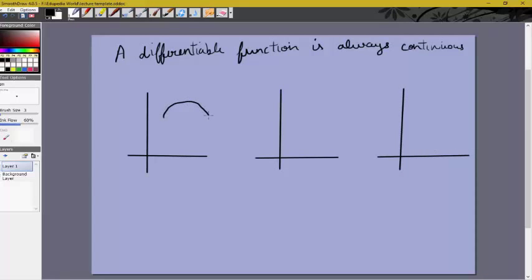This is a function which is continuous and differentiable, right? At this point, if you look at it, both the limits for the derivative approach 0. So this is continuous and differentiable. On the other hand, this function is continuous, but it is not differentiable. So it is not necessary for a continuous function to be differentiable, but a differentiable function necessarily has to be continuous. Let's take a discontinuous function.